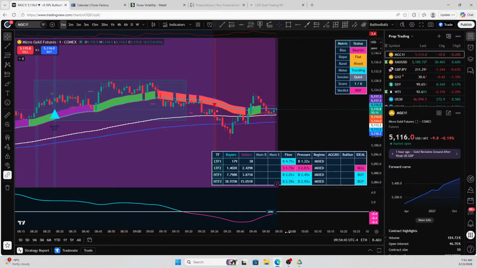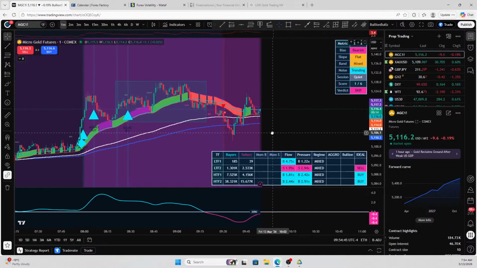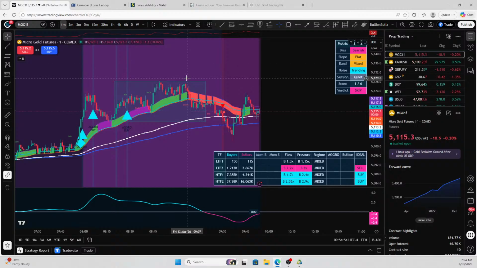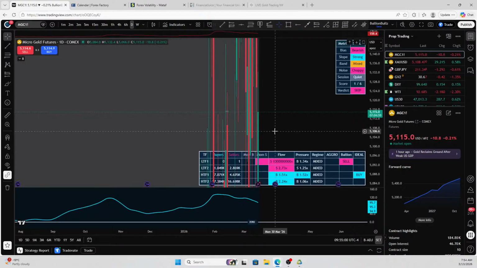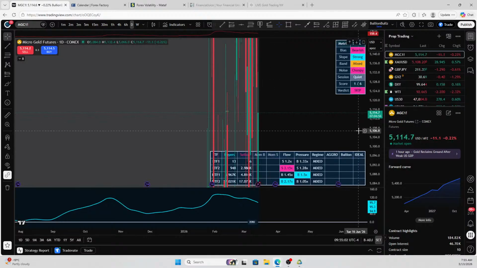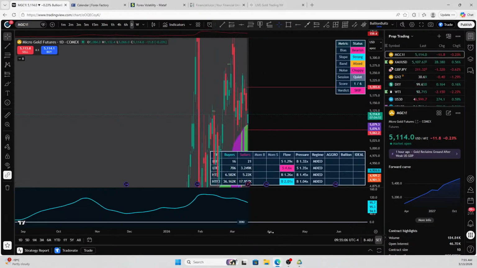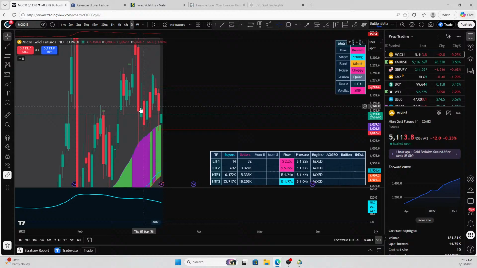Right now, from a volume perspective, buyers are dominating the market. From a bias perspective, the bias is unclear, and that actually aligns with our overall daily candle, which has opened inside the previous day candle.